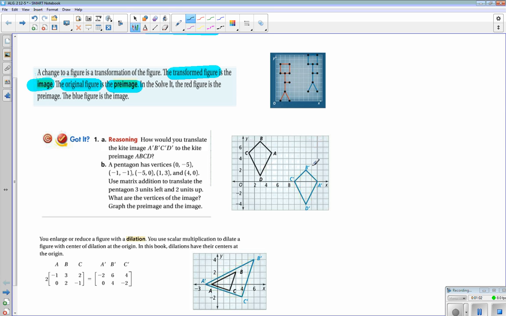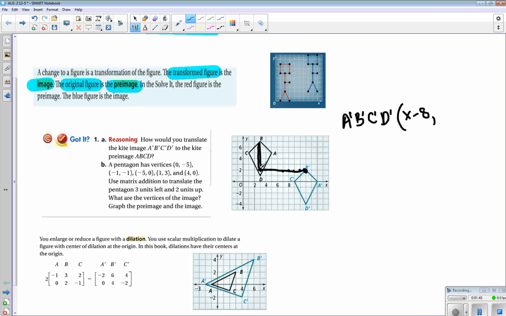So to go from B prime to B, we would take A prime, B prime, C prime, and D prime, and we would take their x coordinate, so wherever we are on the x-axis, and count 1, 2, 3, 4, 5, 6, 7, 8, minus 8.